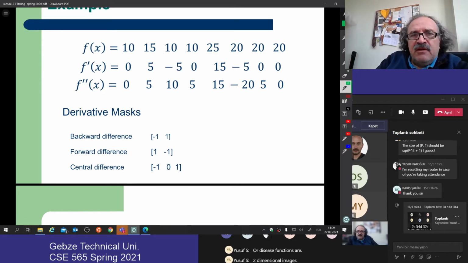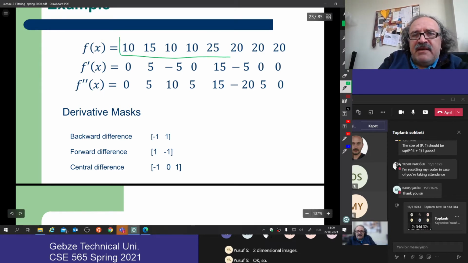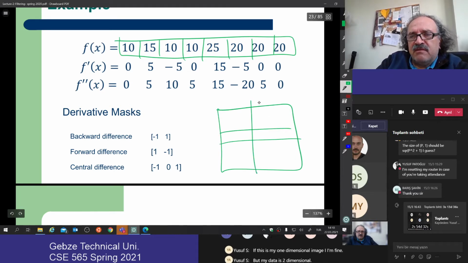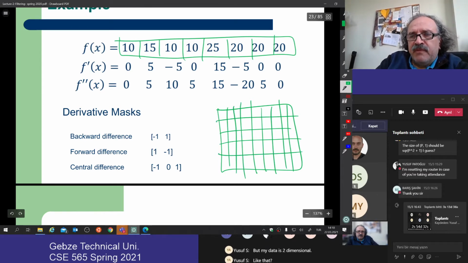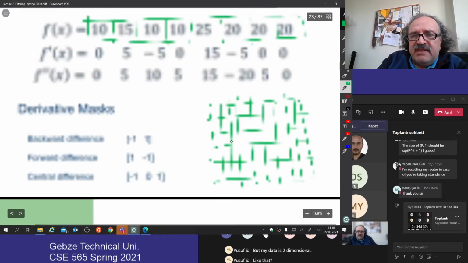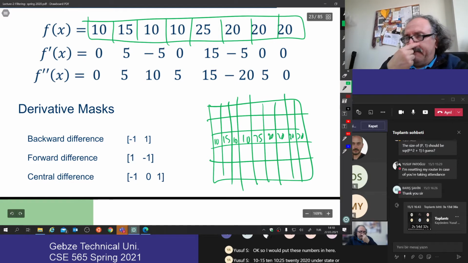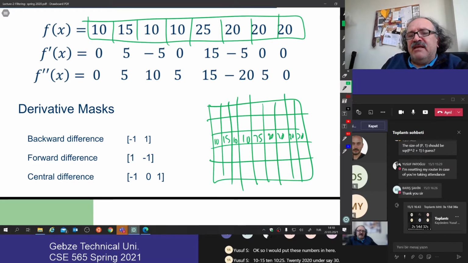Okay, so if this is my one-dimensional image, I am fine, but my data is two-dimensional, like that. So I would put these numbers in here: 10, 15, 10, 10, 25, 20, 20, 20, and let's say 30. So it is like a line in my code.